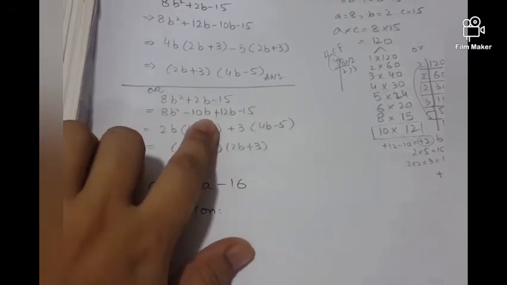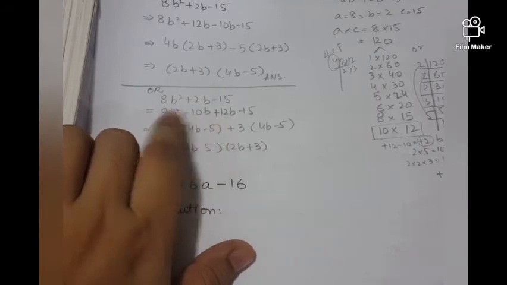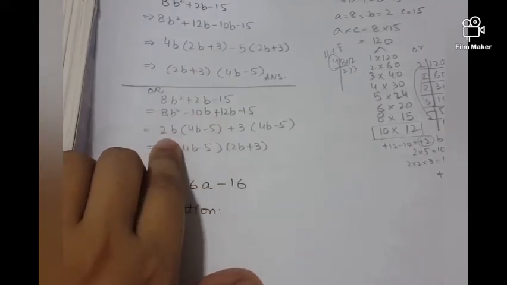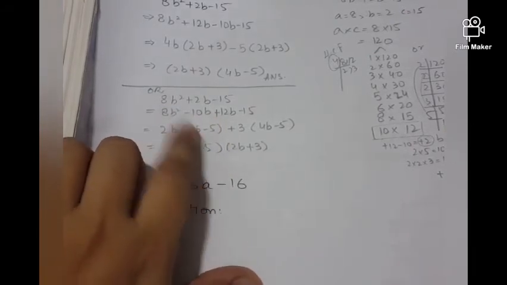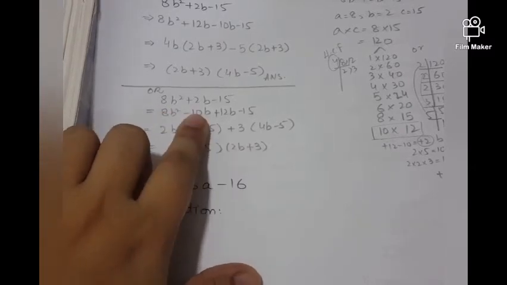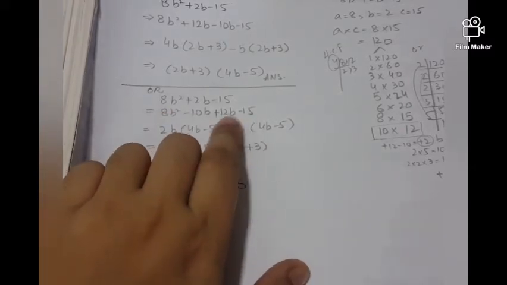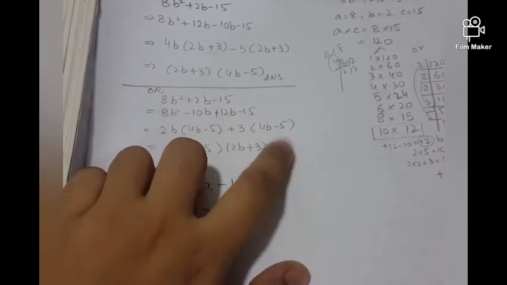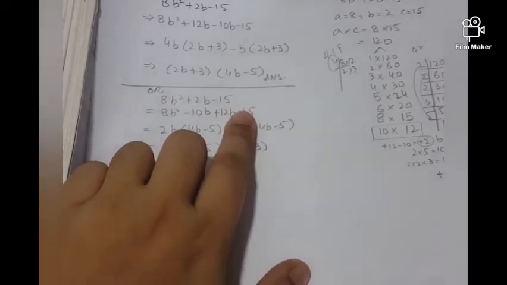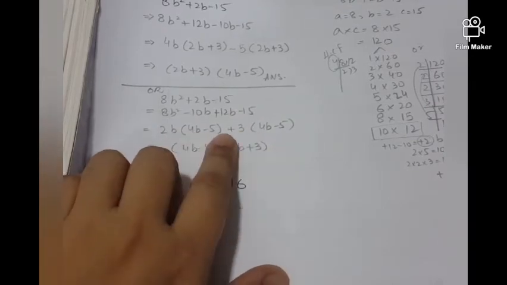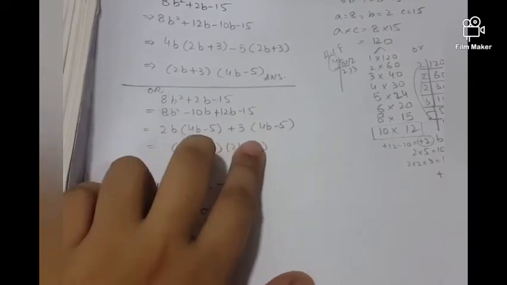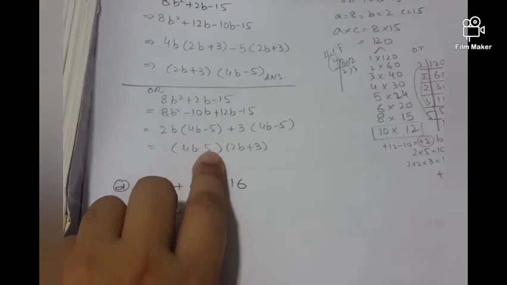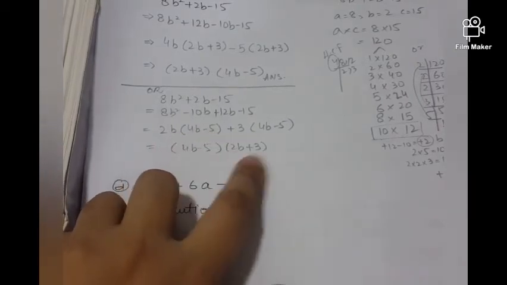The HCF of 8 and 10 is 2. So 2b is common, 2 4s are 8, 2 5s are 10. And the HCF of 12 and 15 is 3. So 3 is common, 3 4s are 12, 3 5s are 15. Now 4b minus 5, 4b minus 5, my factorization is correct, and I will be left with 2b plus 3.